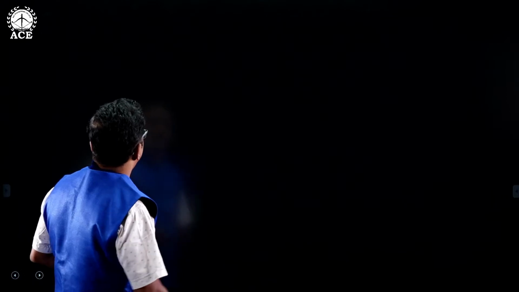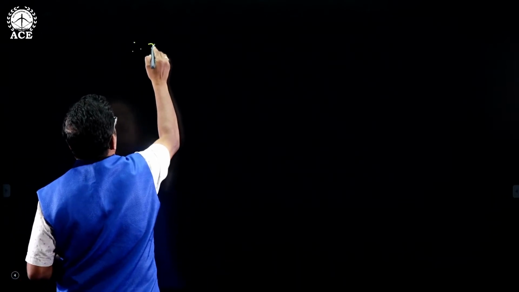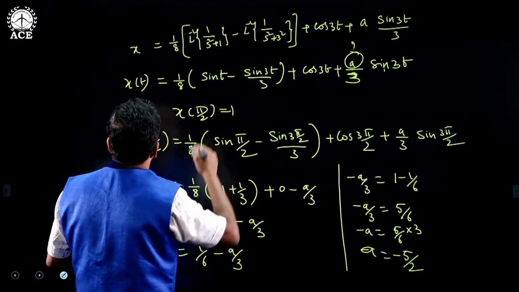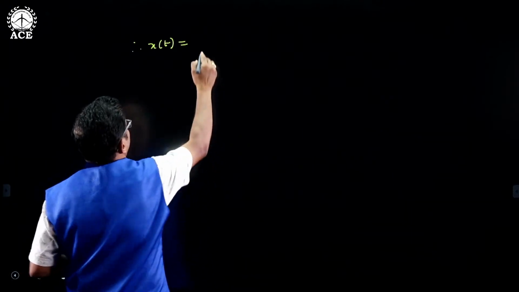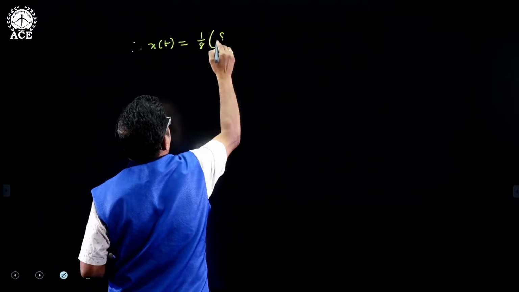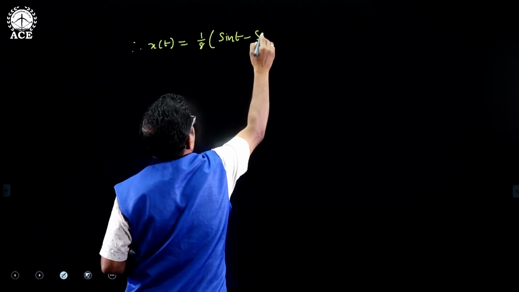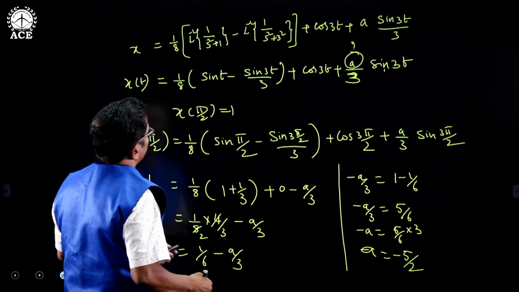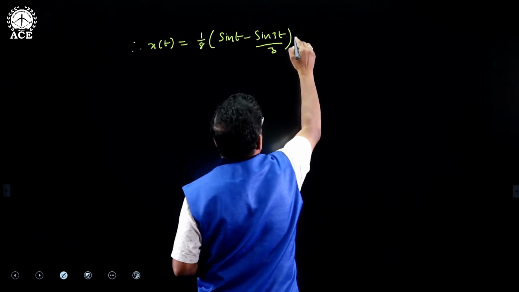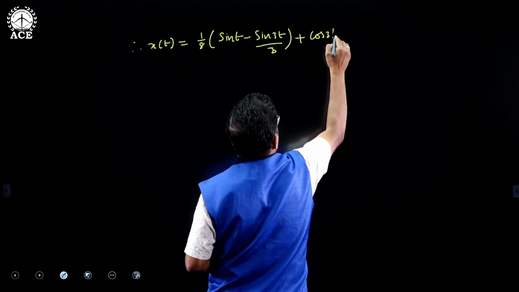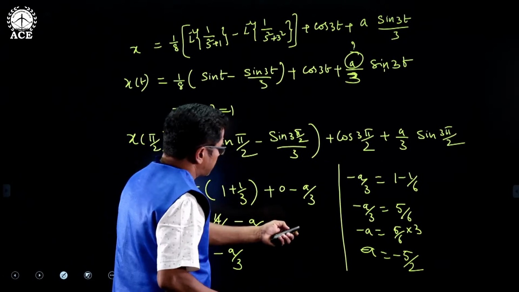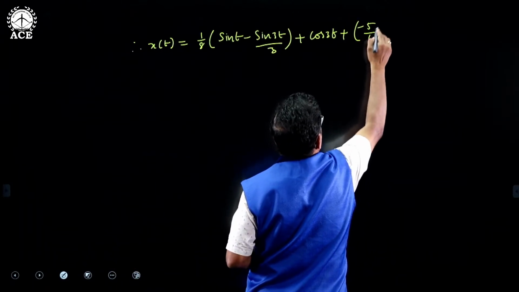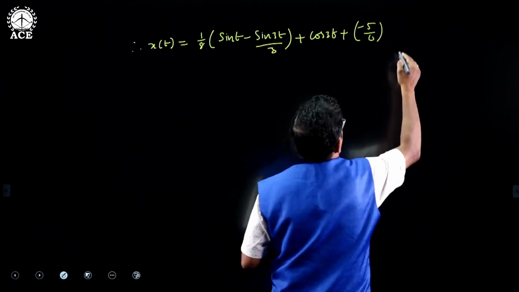So therefore, x of t equals, I evaluated the a value that I am going to substitute, 1 by 8 into sin t minus sin 3t by 3, plus cos 3t, plus a by 3, which is minus 5 by 6, minus 5 by 6 into sin 3t.